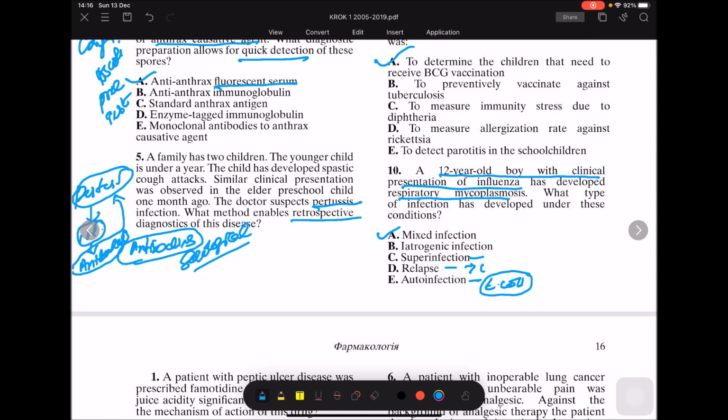We call it superinfection. And iatrogenic infection is, we can say, of unknown etiology, like an idiopathic infection. So mixed infection is influenza and mycoplasmosis. In one person it causes two infections. We call it a mixed infection.